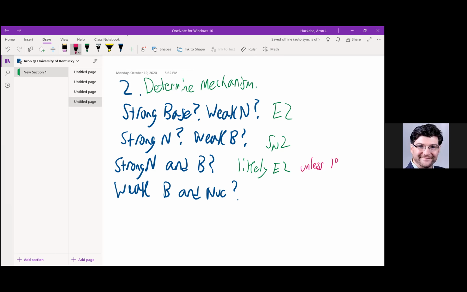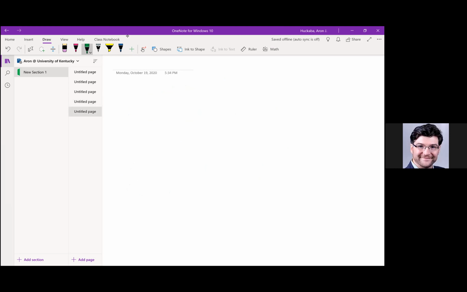Then in that case, it's likely E1, because eliminations are typically faster, and if the nucleophile isn't very good, then it will typically be E1 because substitutions are slower. Lastly, we have the regiochemistry we have to think about, and the stereochemistry. So we'll say regio and stereo outcomes.